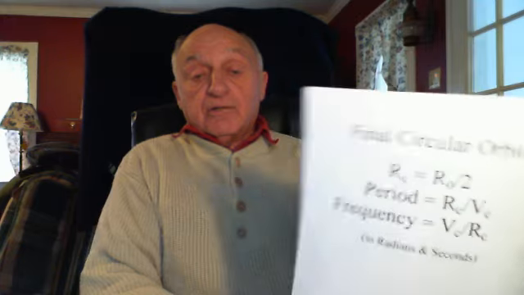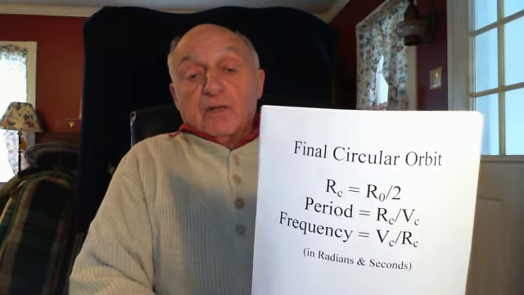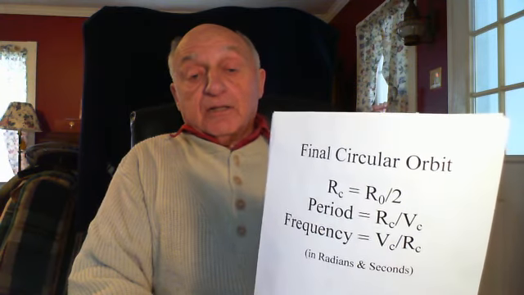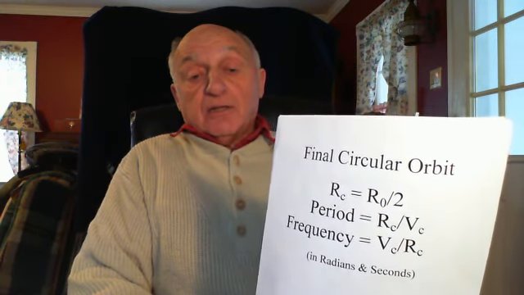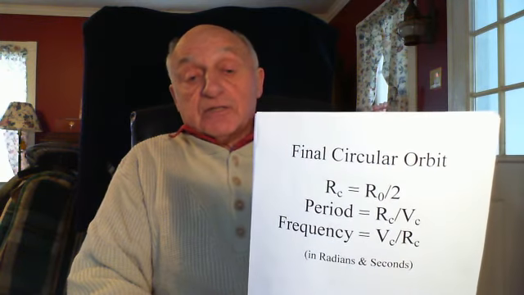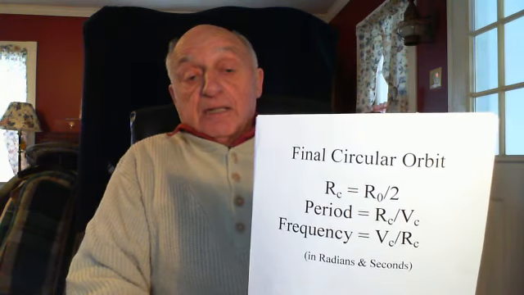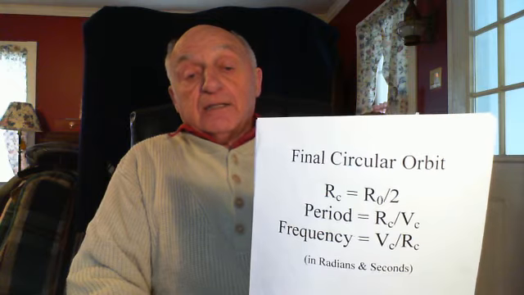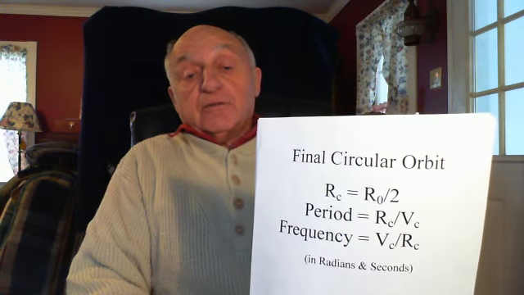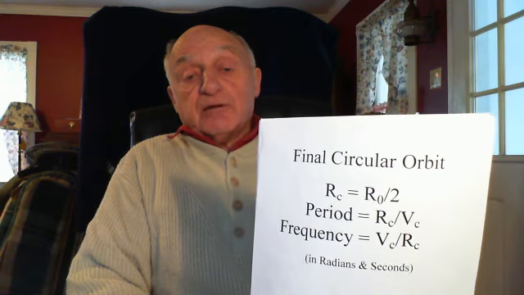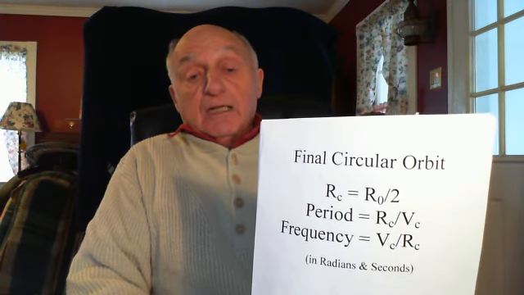Here we have the final circular velocity, which it eventually will get. The initial elliptical orbit gradually changes into a circular orbit for various reasons that I'll describe perhaps at some other time. The radius of the circular orbit is half the initial height of the Moon on its first orbit, which was a very, very narrow elliptical orbit, divided by 2.